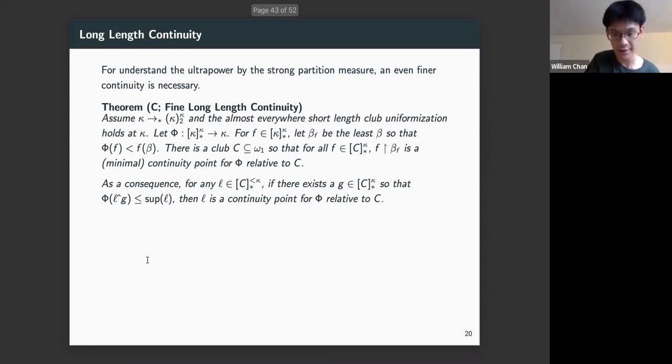So this last part is what we're going to use next time to determine relatively easily that something is a continuity point.